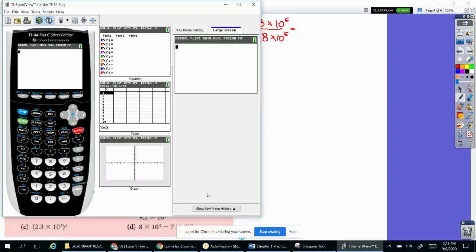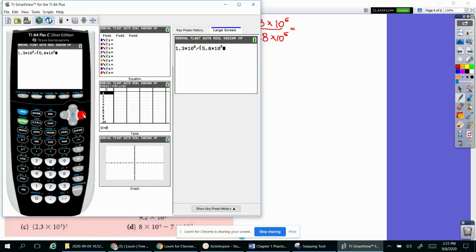We have 1.3 times 10 to the 6th power, and we want to divide that by, in parentheses, 5.8 times 10 to the 5th power.